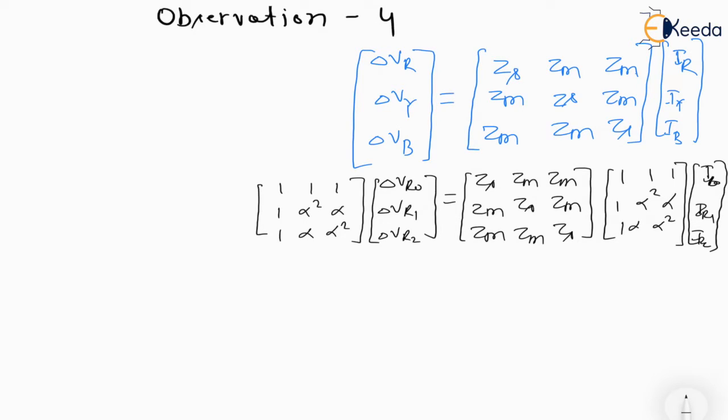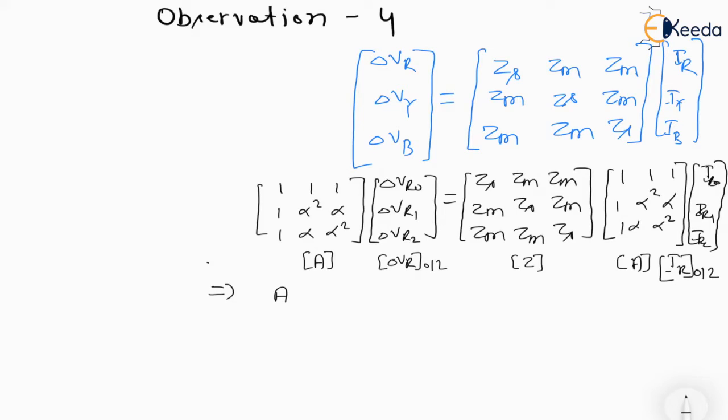So this is how we can represent the matrix. Now I am representing this with matrix A, this with delta VR 0 1 2, this with Z, and this with IR 0 1 2.